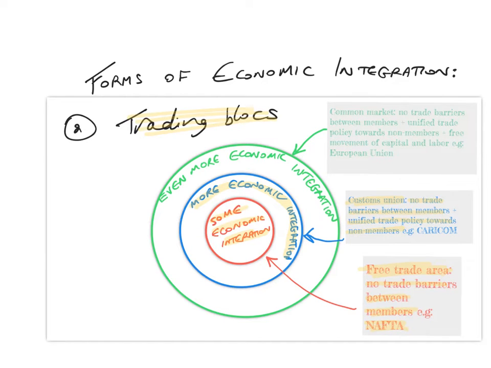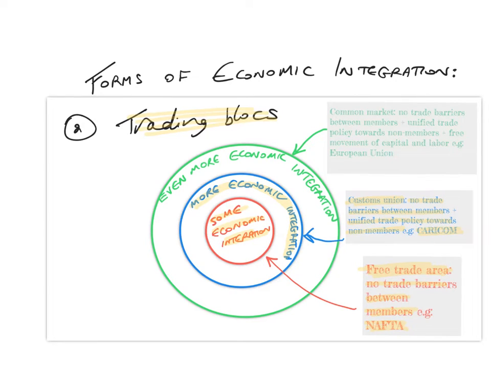A very good example is the European Union and CARICOM, the Caribbean Community. So basically we all come together. We have no trade barriers between us, but we all also set the same trade barriers and the same trade policy towards non-members of this customs union.